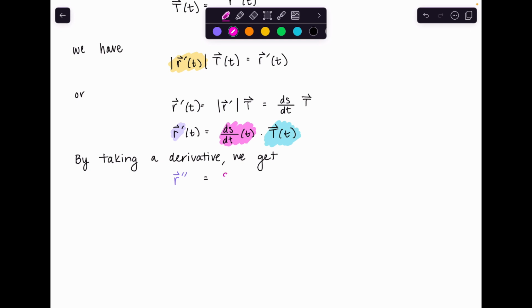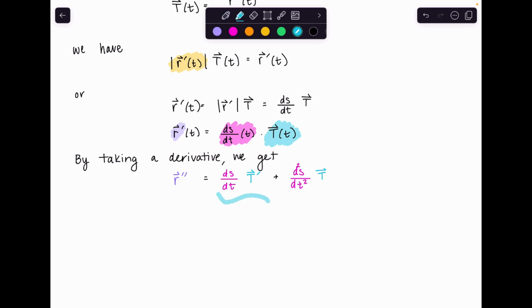So I keep one and I differentiate the other. Then I add differentiating the first, keeping the other.